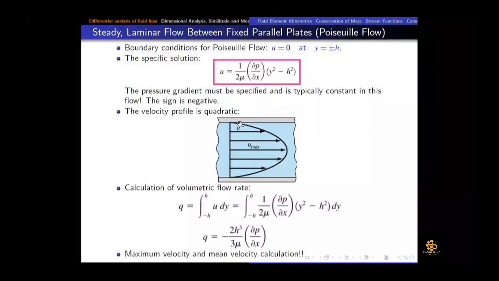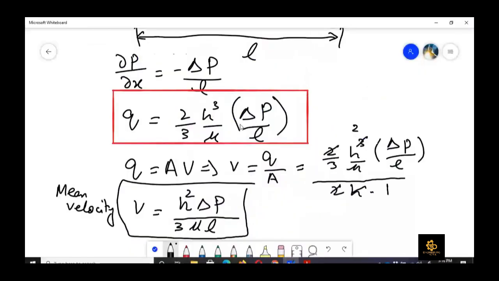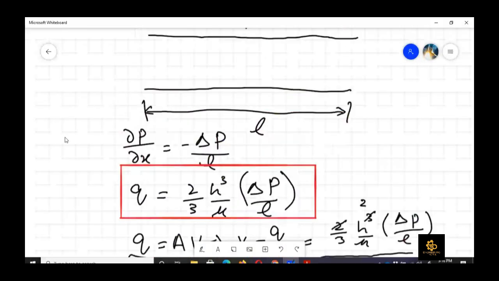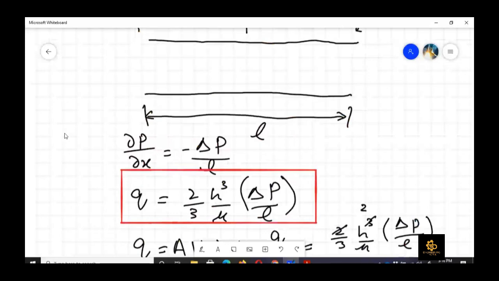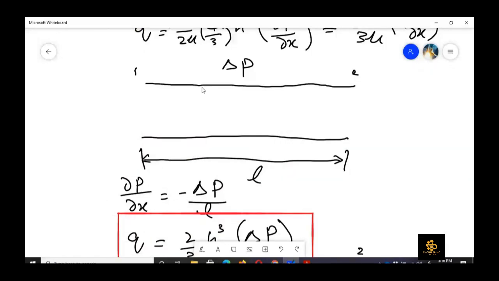So usually if we draw it, if the actual profile is something like this, if this is the cross section where we are looking at, and this is the actual profile, then the mean velocity would be something like this, because that is a uniform value.